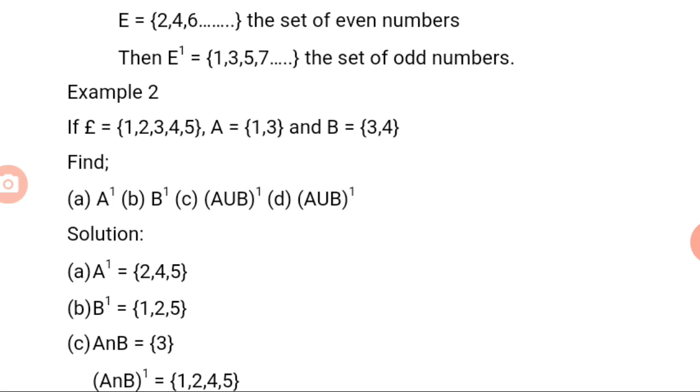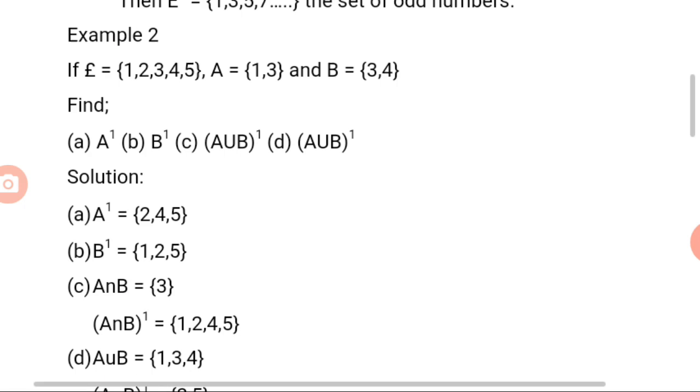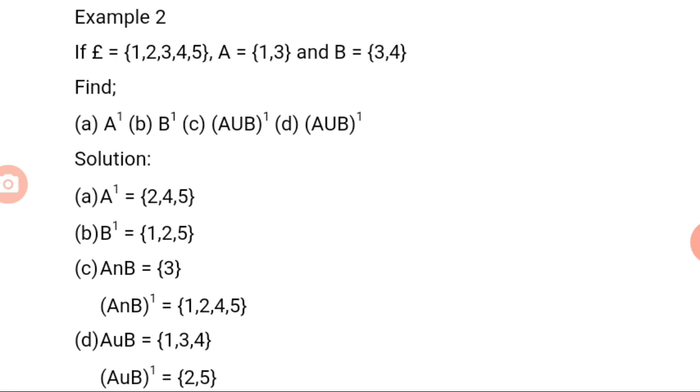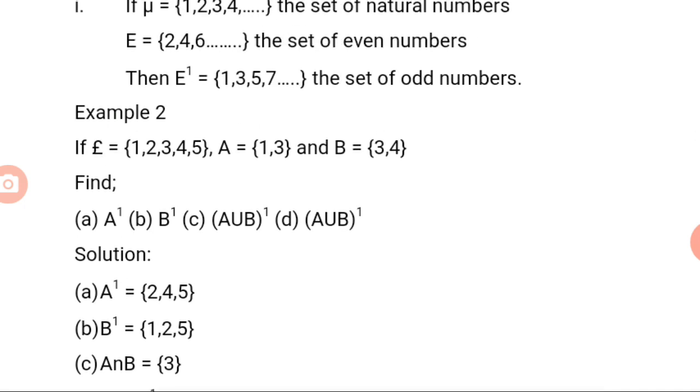A. What is A complement? Now, set A has 1 and 3 as its elements. And the complement of A are those elements that are in the universal set but are not in A. That is what we call A complement.